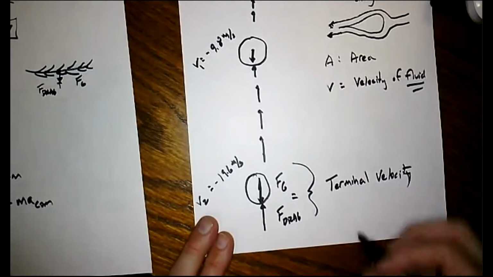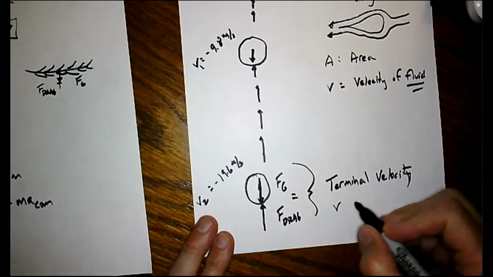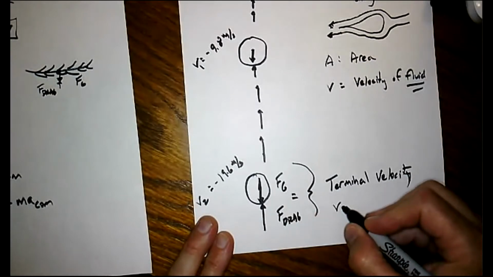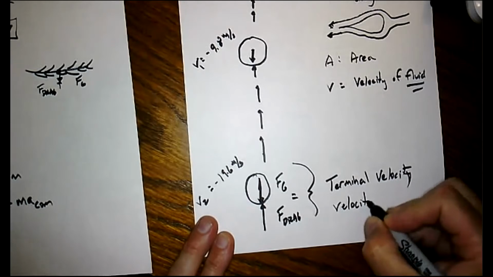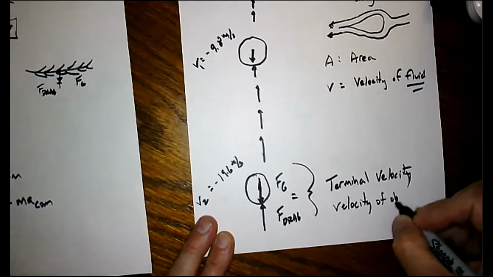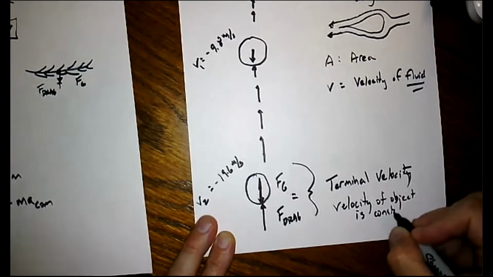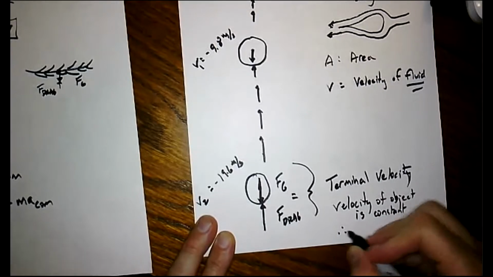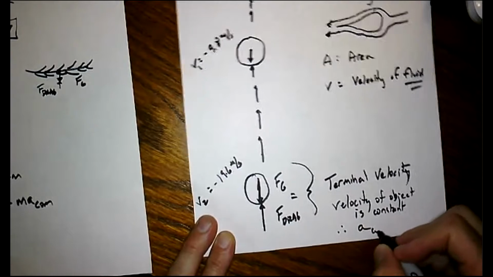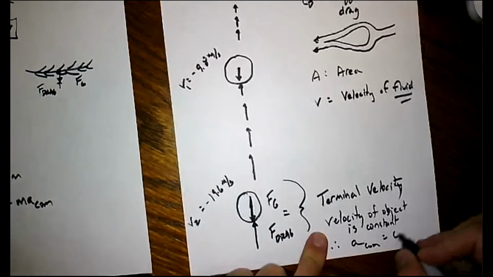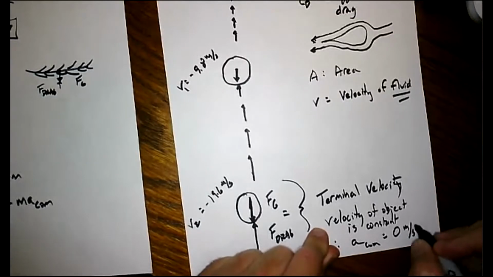What's terminal velocity? Well, at that point, as this object continues to fall through the air, the velocity of the object is constant. Therefore, the acceleration of the center of mass of the object is 0 meters per second squared.